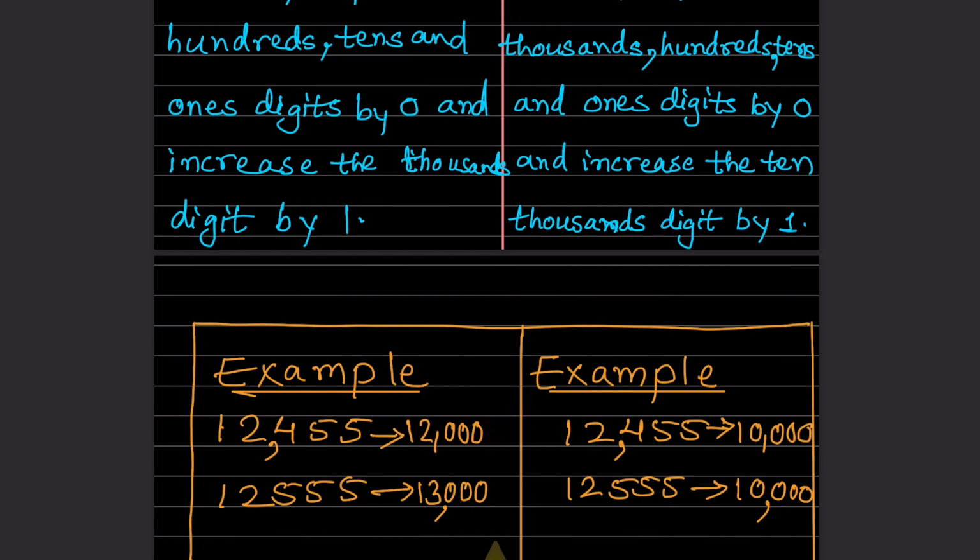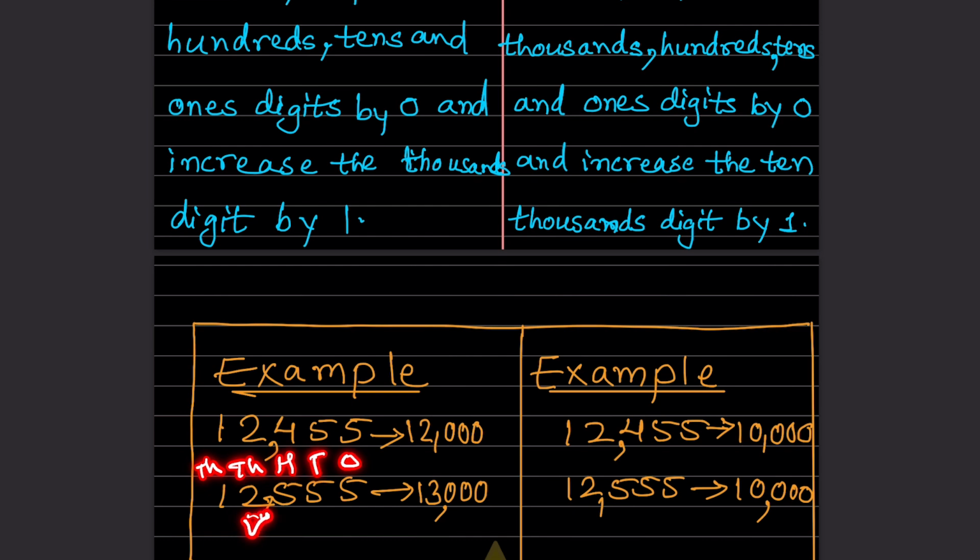Now same over here. Now look here. This is 12,555. Now what are you going to do for this one? Again ones, tens, hundreds, thousands, and 10,000. So you are going to concentrate on this thousands part because we are going to round it to the nearest thousand.